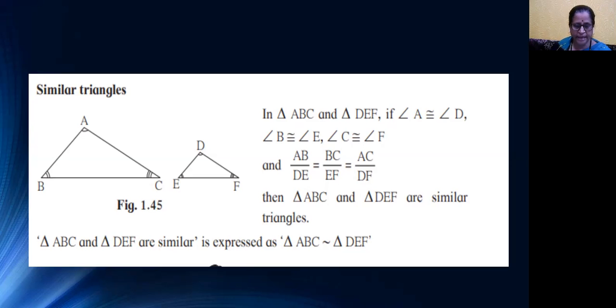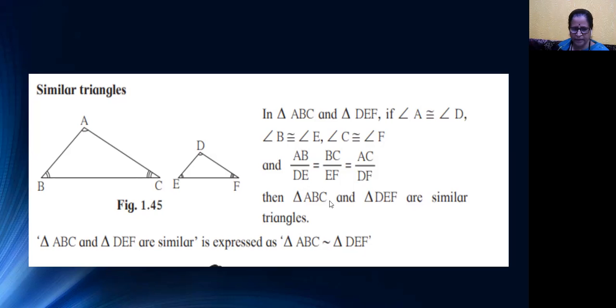See here in triangle ABC and triangle DEF, angle B is congruent with E, angle A is congruent with D and angle C is congruent with F, and the corresponding sides are in proportion. Here AB divided by DE, BC divided by EF and AC divided by DF are equal. Here it is given.